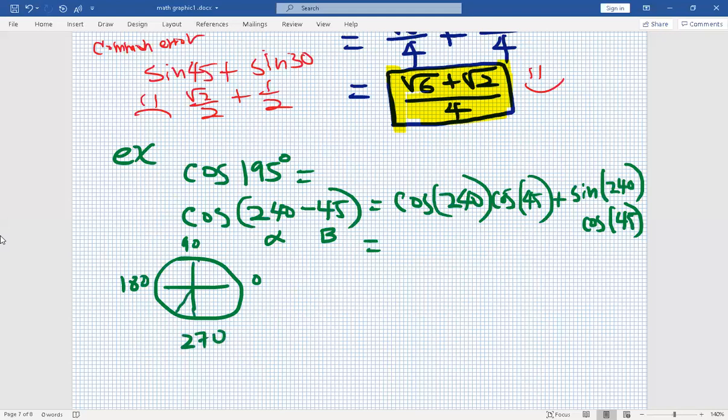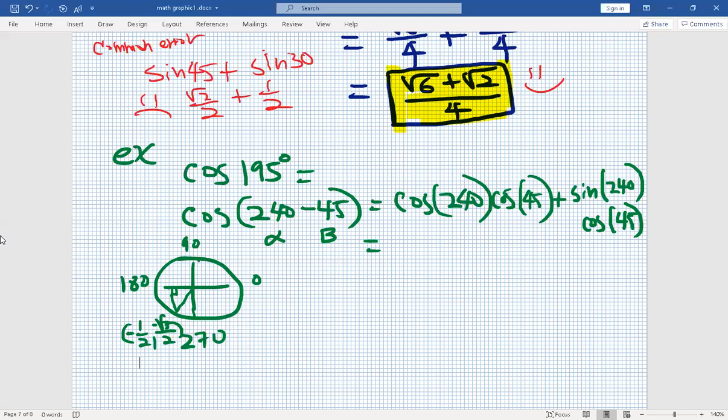And we have to look at the reference angle. Now it's going to be negative 1/2 right there because the reference angle is going to be 60. But we're in the third quadrant, so it's going to be negative, and negative radical 3/2. So it's negative, negative. We need that to find the values, right?